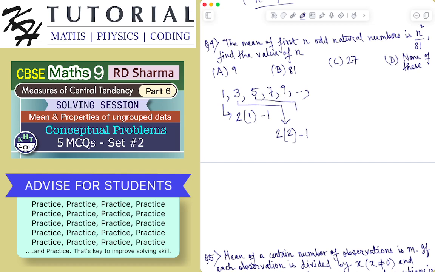Similarly, 5, which is the third odd natural number, it can be expressed as 2 into 3 minus 1. So I hope you understand that the nth odd natural number will be 2n minus 1.